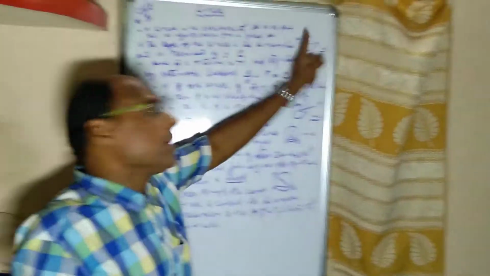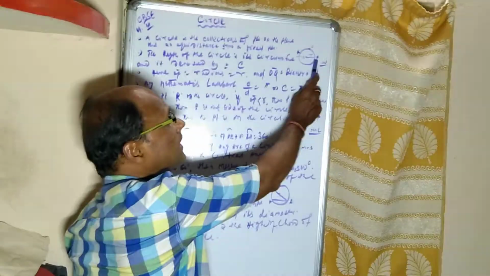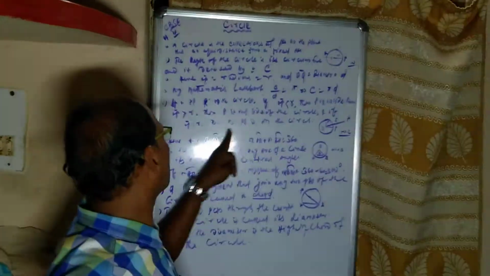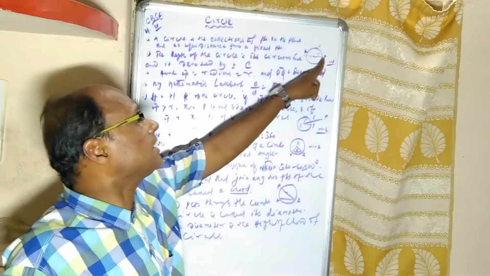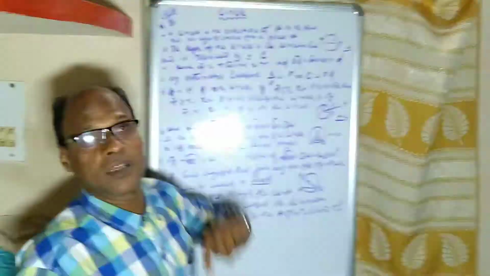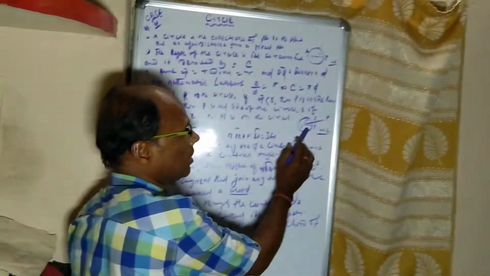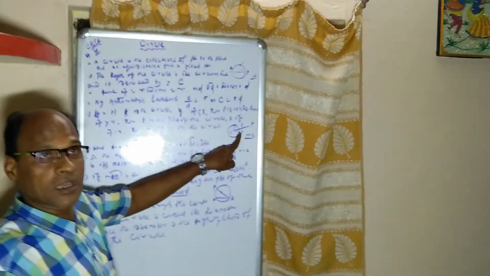If a point P is on the circle, then OP is equal to R. If OP is equal to R, then P is situated on the circle. If OP is less than R, then P is inside the circle. If OP is greater than R, then P is outside the circle.